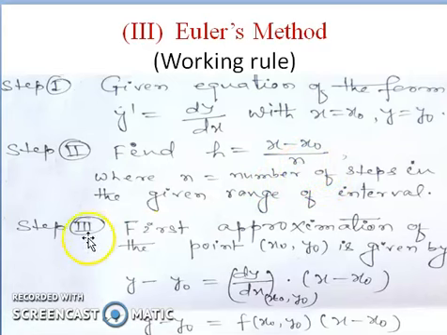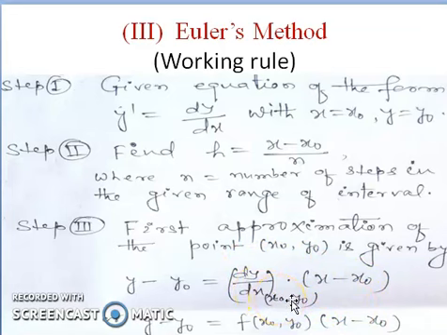In step 3, the first approximation at the point x0, y0 is given by the formula y minus y0 equal to dy by dx at the point x0, y0 times x minus x0. That is, y minus y0, and dy by dx at the point x0, y0 is f of x0, y0, and x minus x0 as it is.